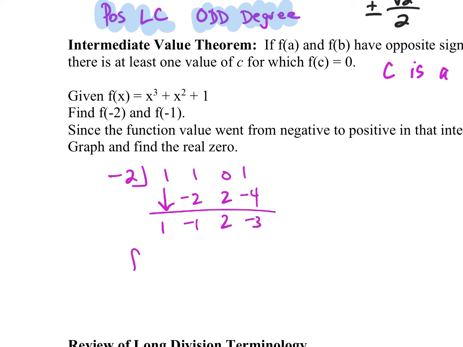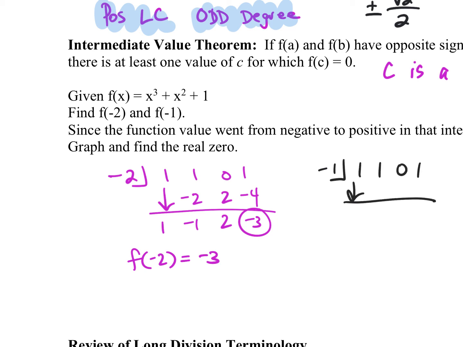So f of negative 2 is negative 3. It matches the remainder. And I'm going to do the same thing with negative 1. I'm going to use those same coefficients and synthetically substitute. So 1, negative 1, 0, 0, 0, 0, and 1. So f of negative 1 is 1.